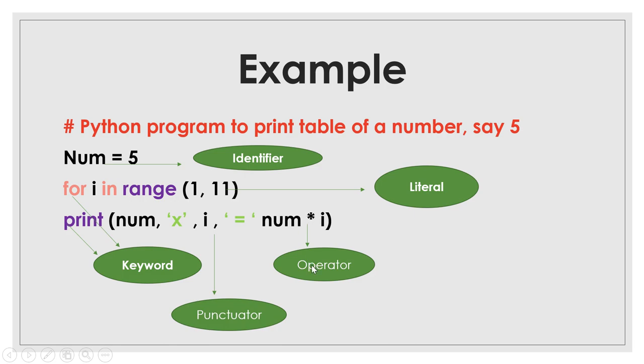Multiplication is an operator which performs its task on these two values. And the comma is a punctuator here, a separator, which separates the different elements of a program.